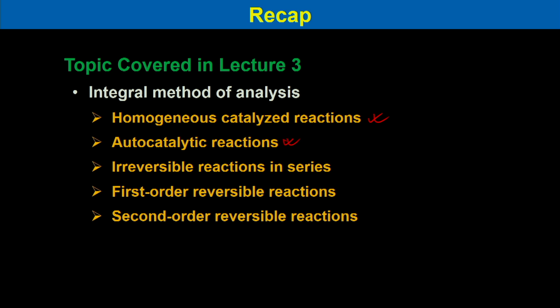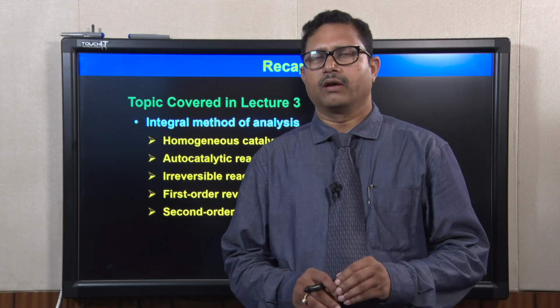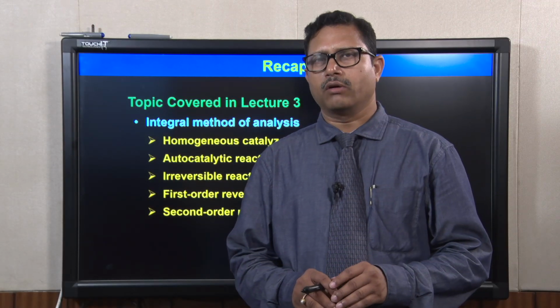For the homogeneous catalyzed reactions, we have seen that we need to have some catalyst which will give the product or enhance the rate of the chemical reactions, but at the same time the reactants itself can convert to the products without any catalyst.